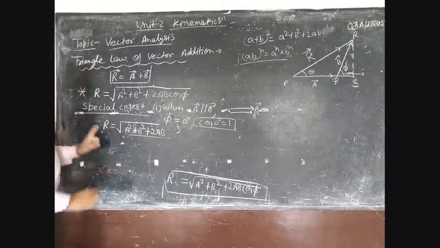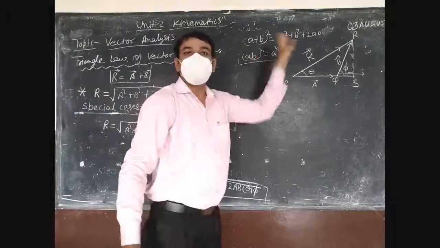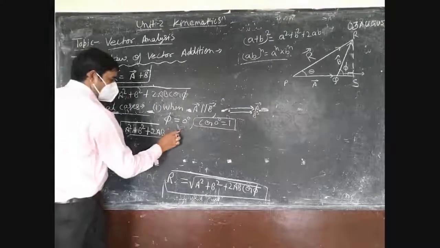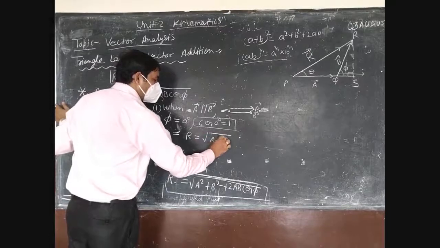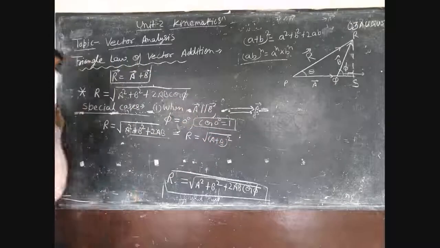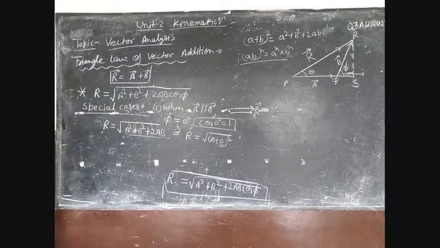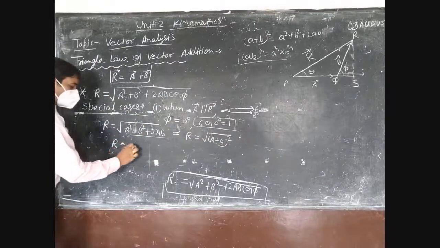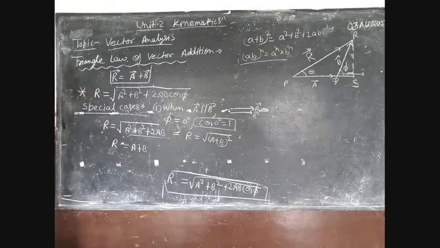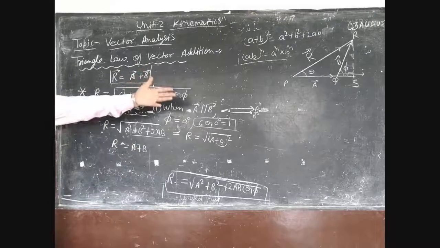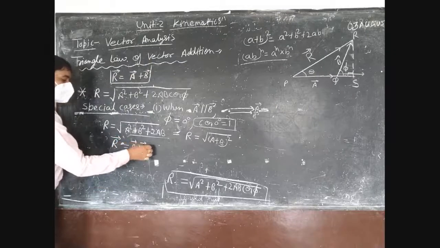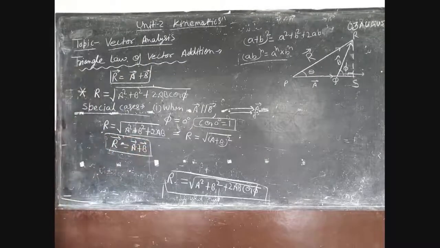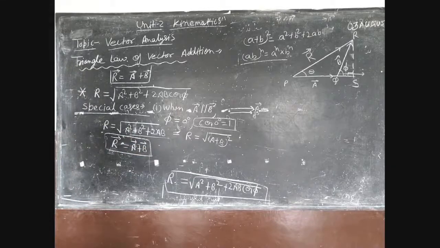Now this is the formula for (A plus B) whole squared. So R is equal to under root (A plus B) whole squared. Now the square cancels the square root and you get the result equal to A plus B. Because we are discussing vectors, use an arrow on the head of each of them. This is the vector addition law of triangle. Clear?